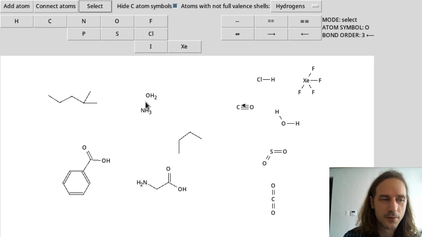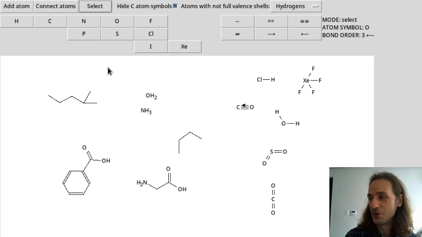And there is one thing, for example, the ions. So I still cannot add charge to my atoms and molecules here, which the engine of this whole project can actually handle, but that's missing currently. There is also one thing I want to do, which is to be able to add a letter R somewhere.